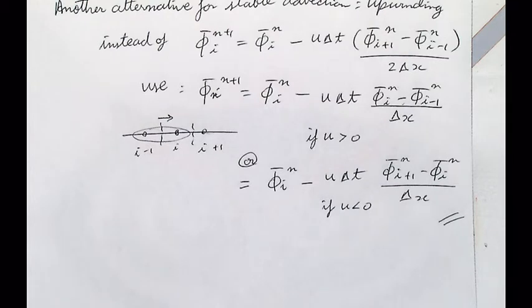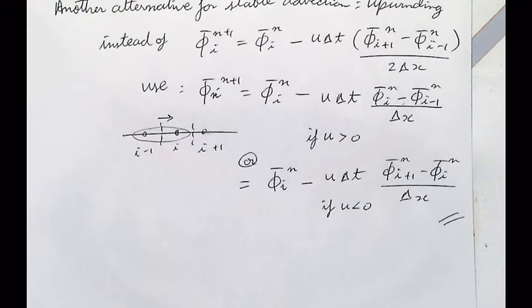Should we use this? If you remember, first order schemes have a lot of diffusion. It was one of the projects: the profile which should convect unchanged actually changes a lot.